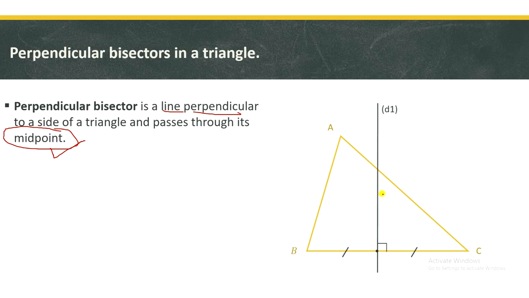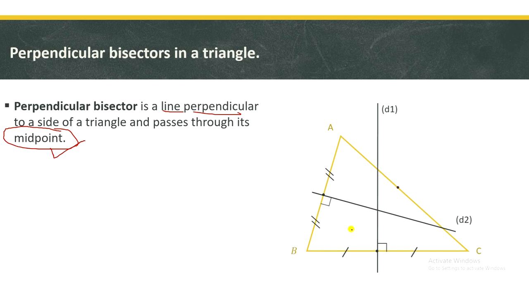To draw the second perpendicular bisector of the side AB, the same: place the midpoint of AB, draw a line perpendicular to this side AB at this midpoint, this line D2, with this notation of 90 degrees. D2 is the perpendicular bisector of AB.